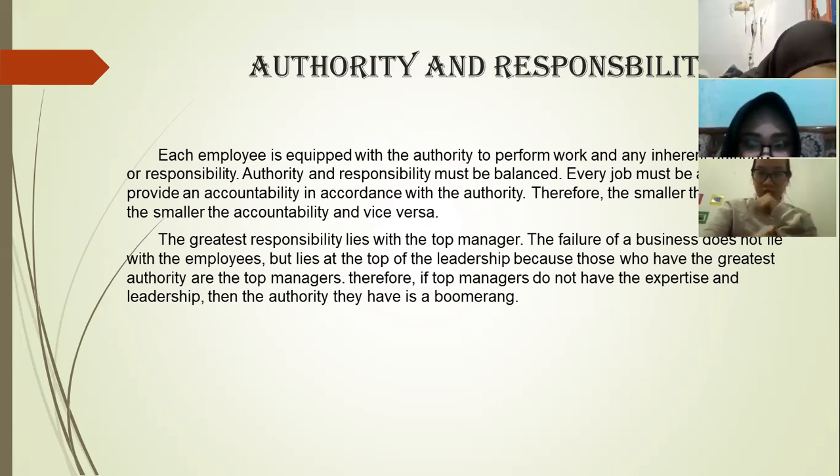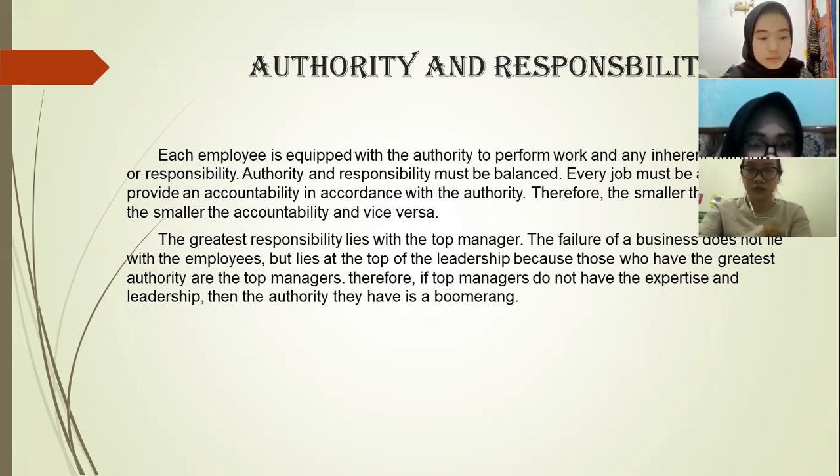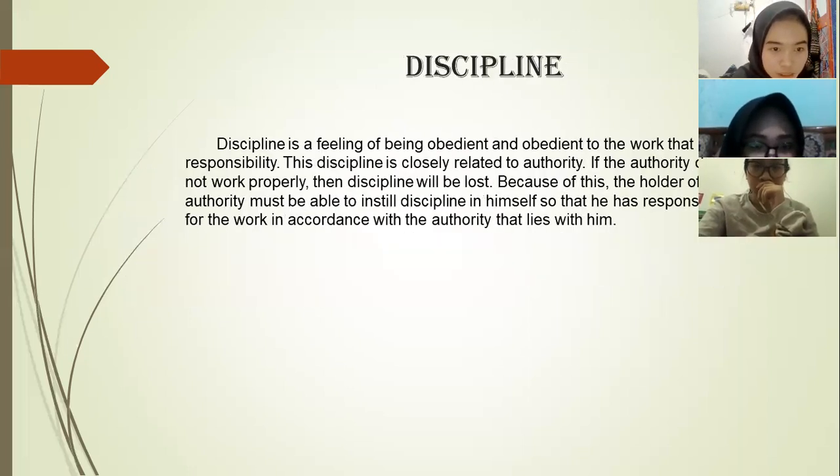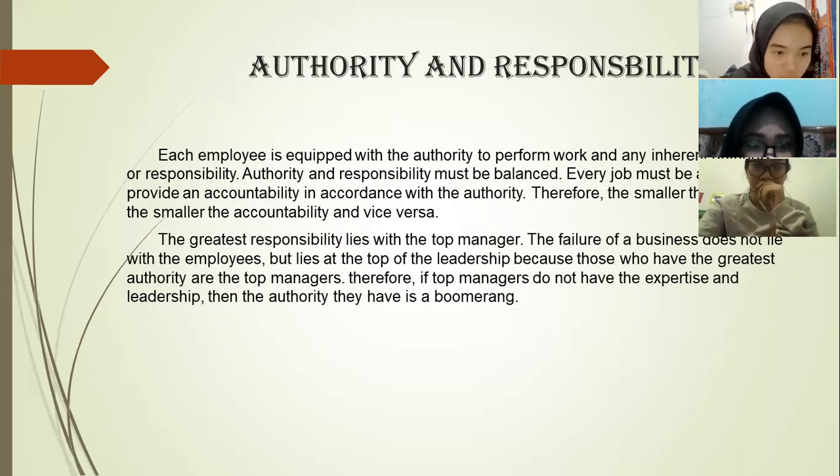Every job must be able to provide accountability in accordance with the authority. Therefore, the smaller the authority, the smaller the accountability, and vice versa. The great responsibility lies with the top manager.